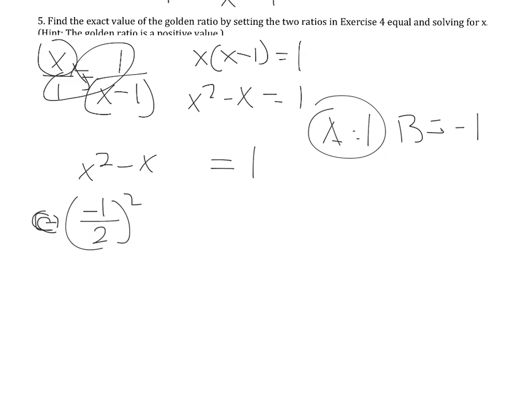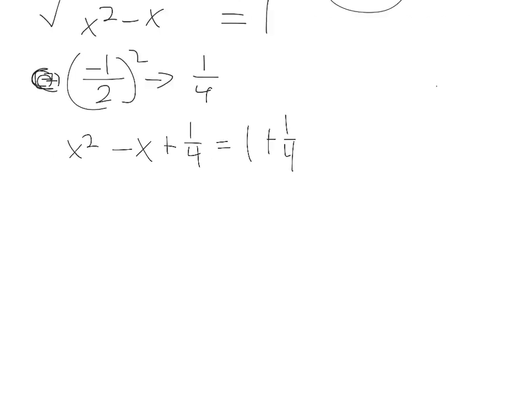Alright, you can see c, which is (b over 2) in parentheses raised to the second power. PEMDAS says do everything inside the parentheses, but since it doesn't come out to be an integer, I'm going to leave it as a fraction, and I'm just going to go ahead and square the top and square the bottom. Alright, so now I have my new c, and I'm going to place it into this equation here.